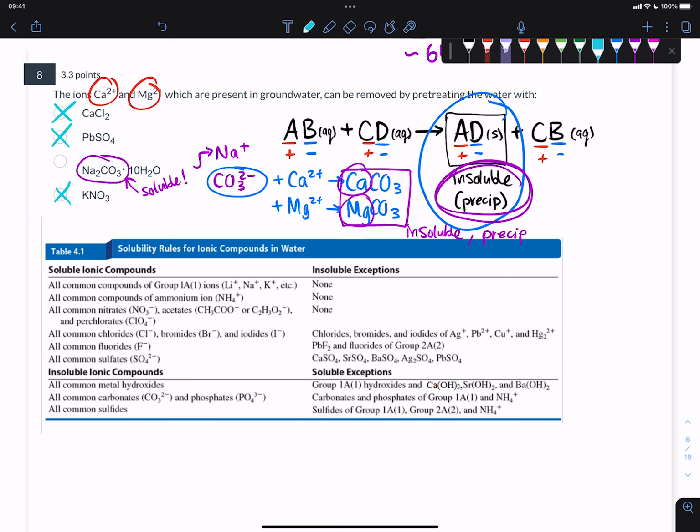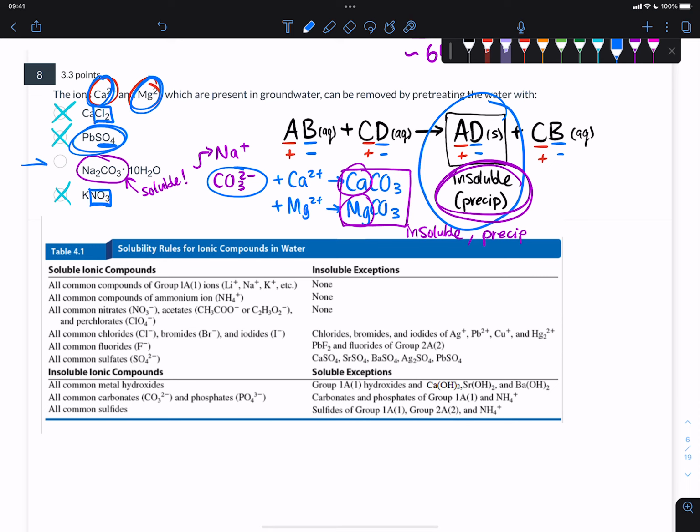Yes, it's not going to form a precipitate. Same thing with magnesium nitrate. If you were to pair this anion with calcium or magnesium, they will still be dissolved in your water. And if you were to pair the sulfate ion with calcium or magnesium, you can't, because the thing you're trying to add won't even break apart in the first place.